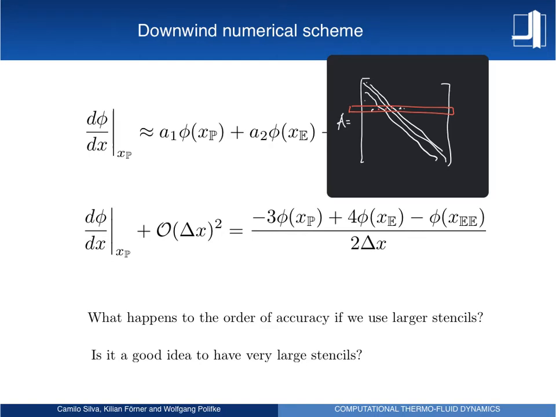So you can actually add diagonals to the matrix as you increase the order of accuracy, which means that the sparsity of your system decreases, so the matrix becomes more dense, and then you won't have the computational efficiency that matrices with a very small amount of diagonals offer.